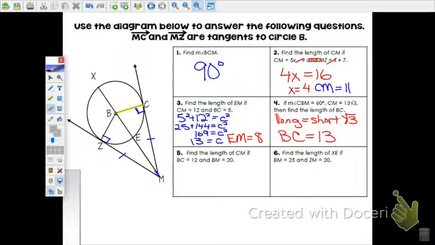Next one says find the length of CM if BC is 12 and BM is 20.